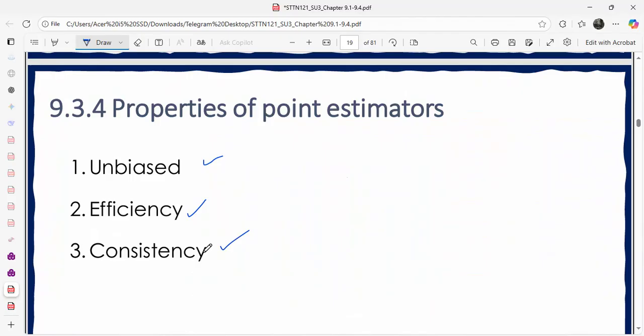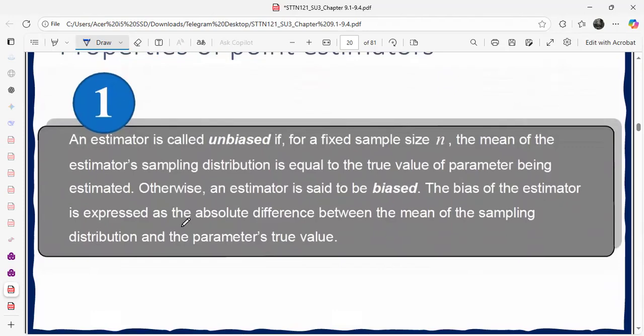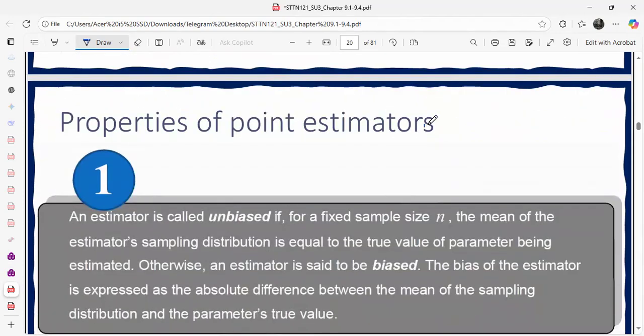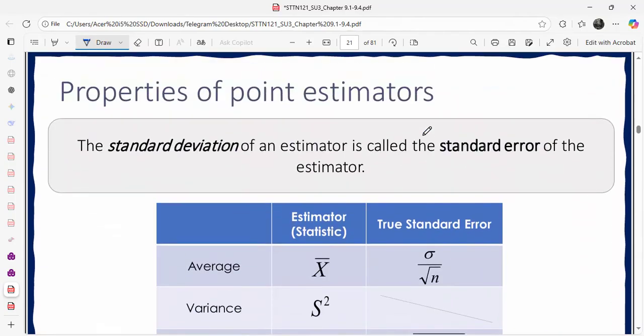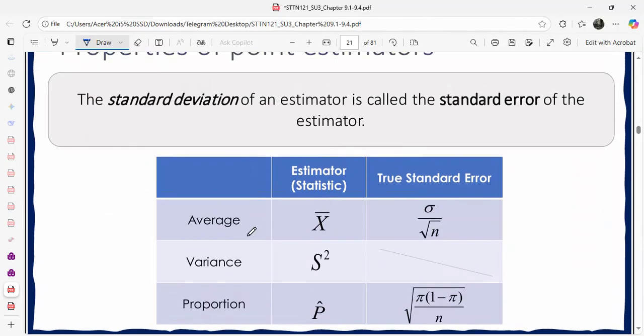It's very important for you guys to know that. I think I talked about the properties of the point estimators, because I'll focus more on the calculations.